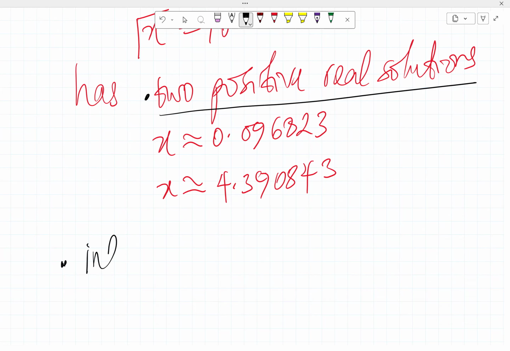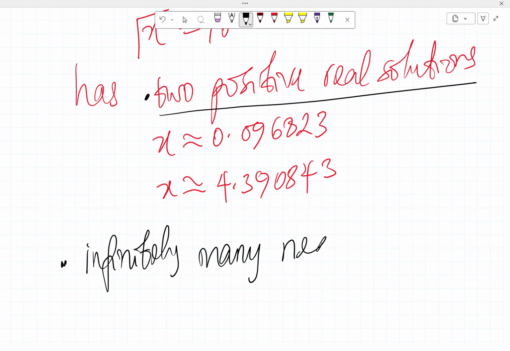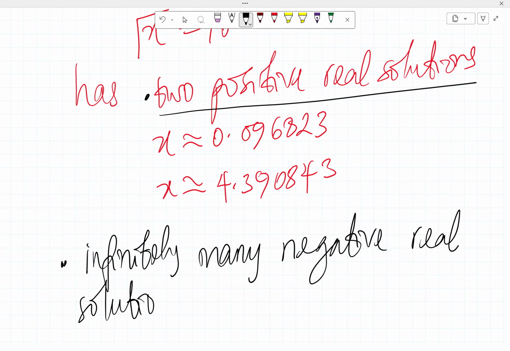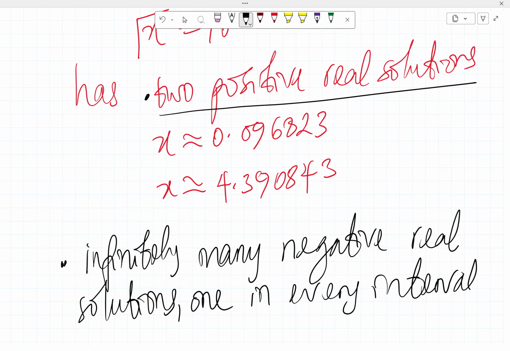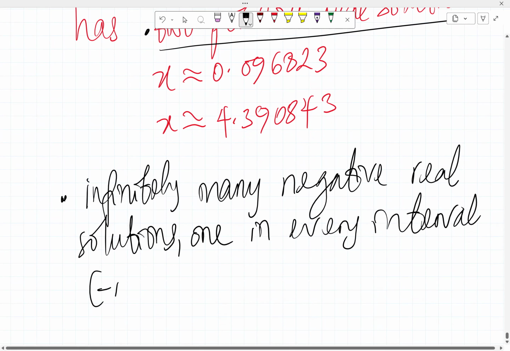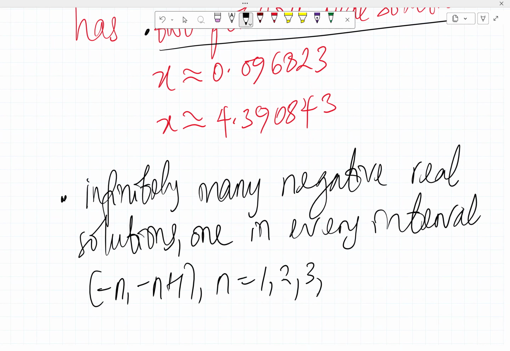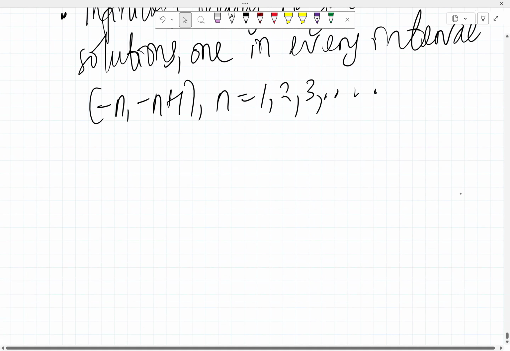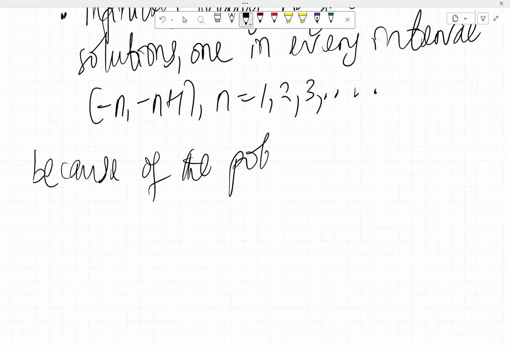We also have infinitely many negative real solutions, one in every interval, minus n to minus n plus 1 for n equals 1, 2, 3, and so on and so forth, because of the poles of the gamma function.